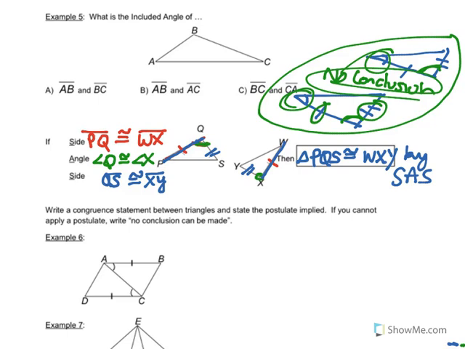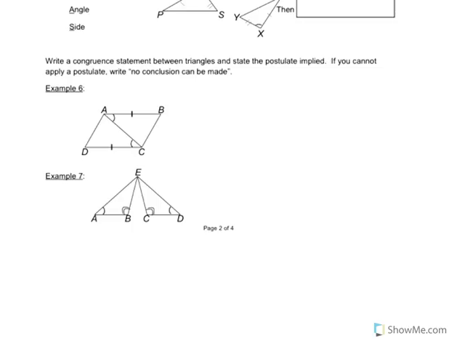Okay? So now let's look at examples 6 and 7. On example 6, let's see what we can figure out. We see that AB is congruent with DC, and we see that angle A is congruent with angle C. Is there anything else that we can conclude? Well, we know that AC is congruent with AC.